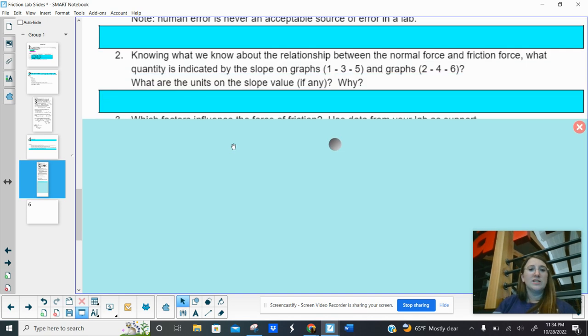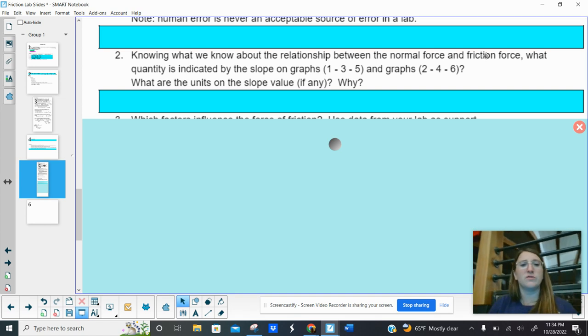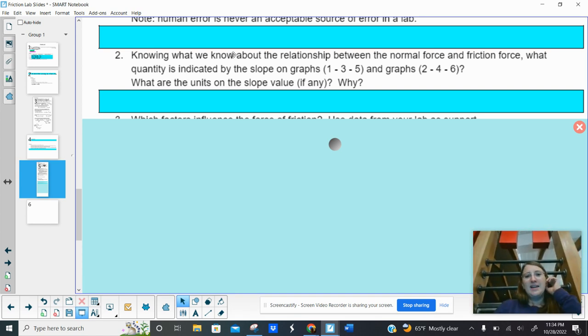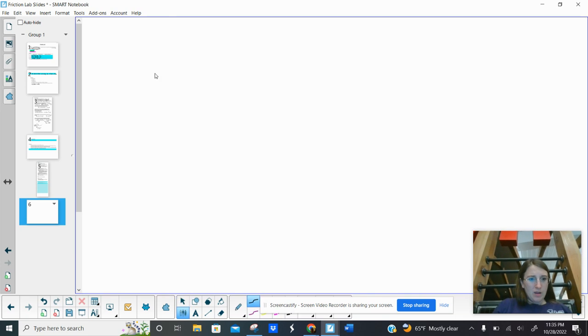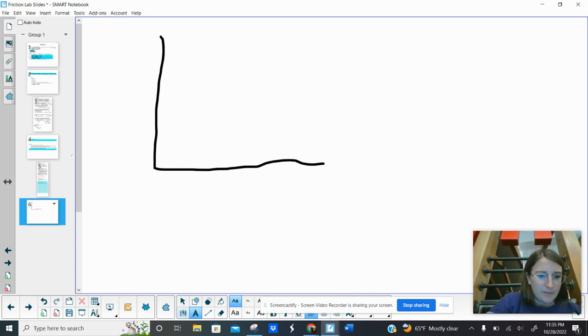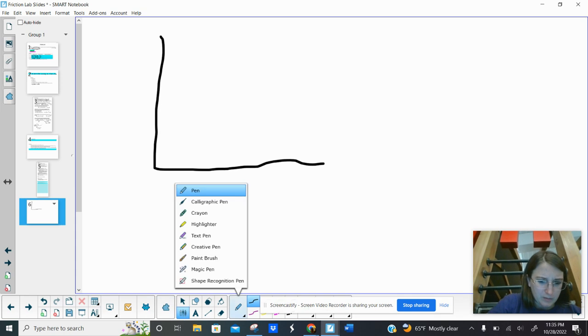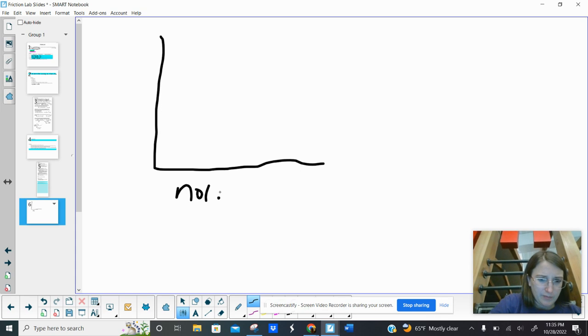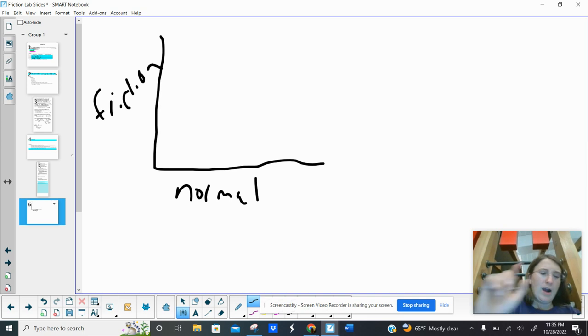Okay, so it says, knowing what we know about the relationship between the normal force and friction force, what quantity is indicated by the slope on graphs 2, 4, and 6? So here's what I wanted to talk through with you. All of your graphs should have the normal force on the x-axis and whatever friction force on the y-axis.